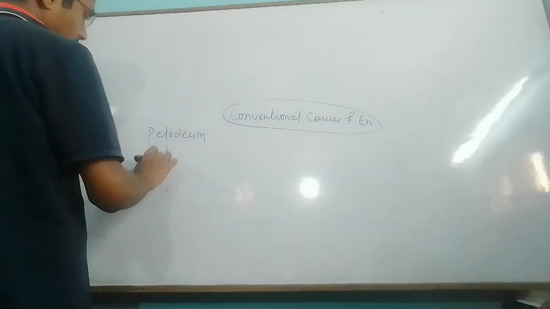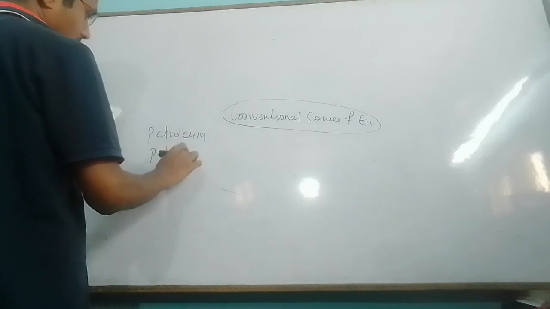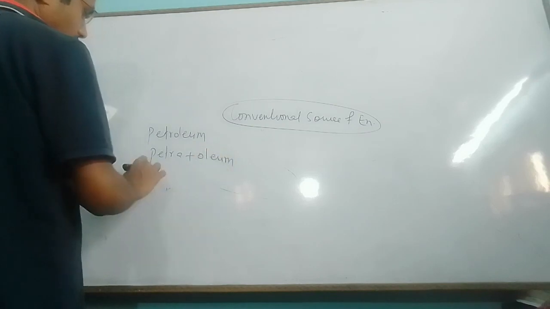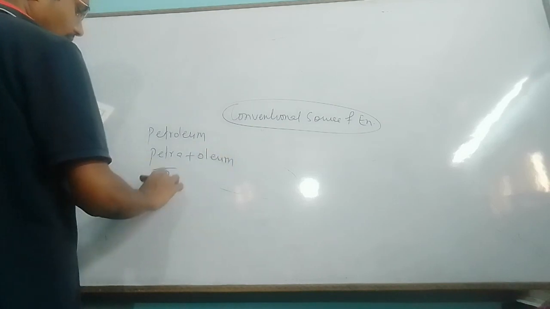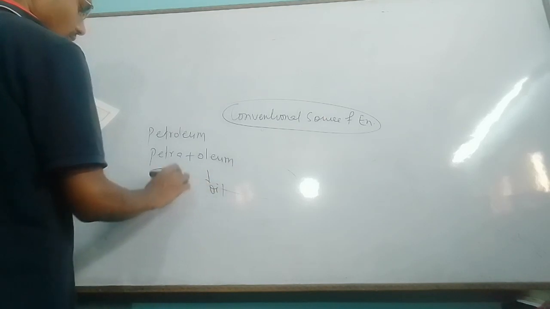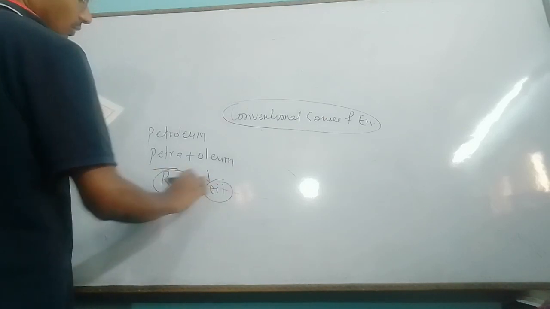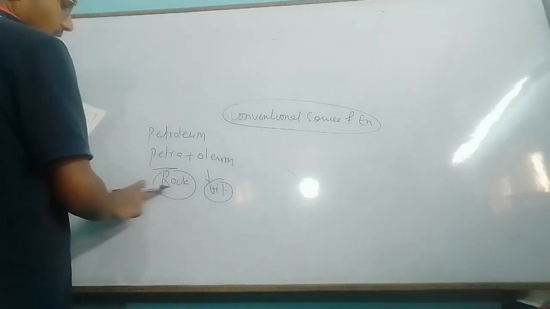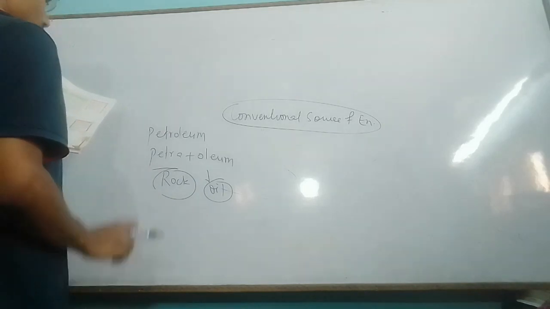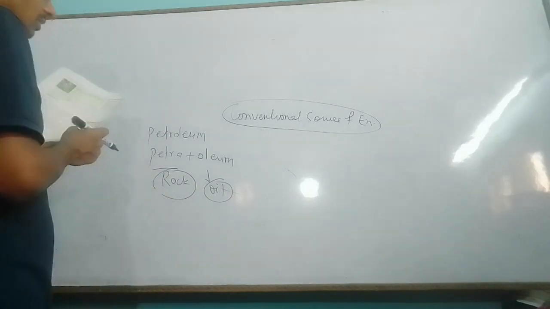Petra plus oleum. Petra means rock and oleum means oil, which means oil obtained from rock is called petroleum. So this is also a mineral, which is obtained from rock.